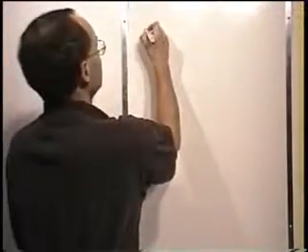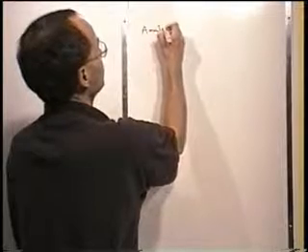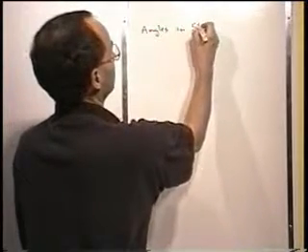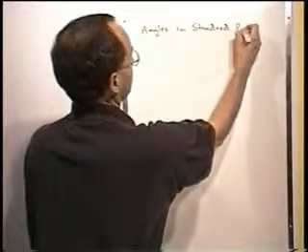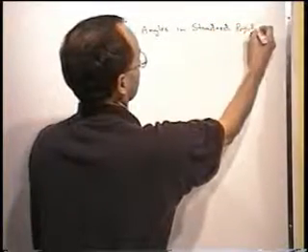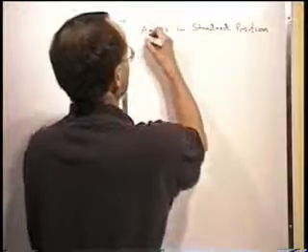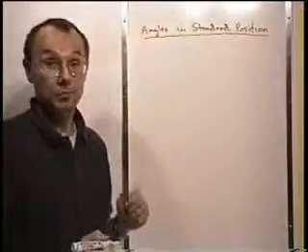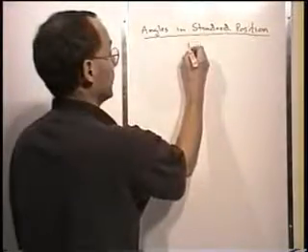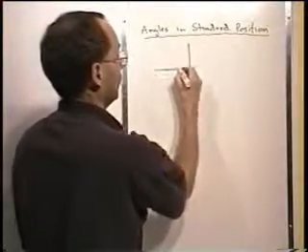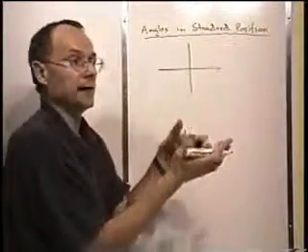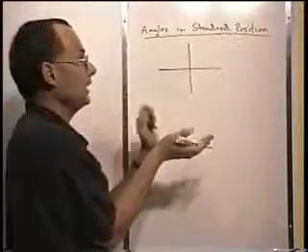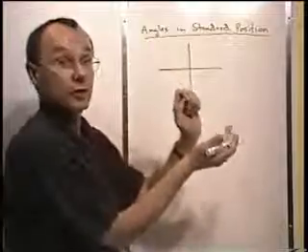So, angles in standard position. When we talk about standard position, we're talking about the good old XY axis, and we use the like hands of a clock, and we build angles with these 2 hands of the clock.